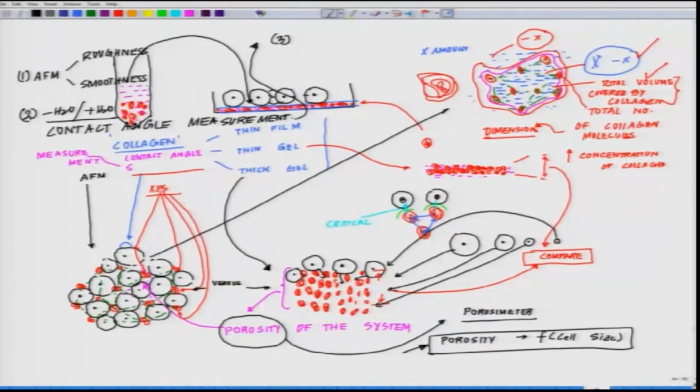3, followed by that, what you can do is surface chemical analysis, right? So, where you have the atomic or elemental mapping and quantification.